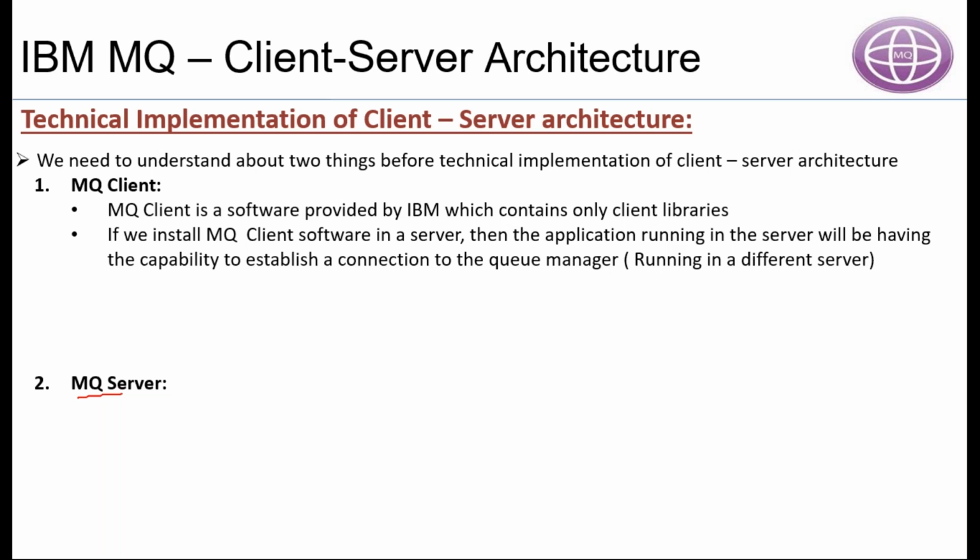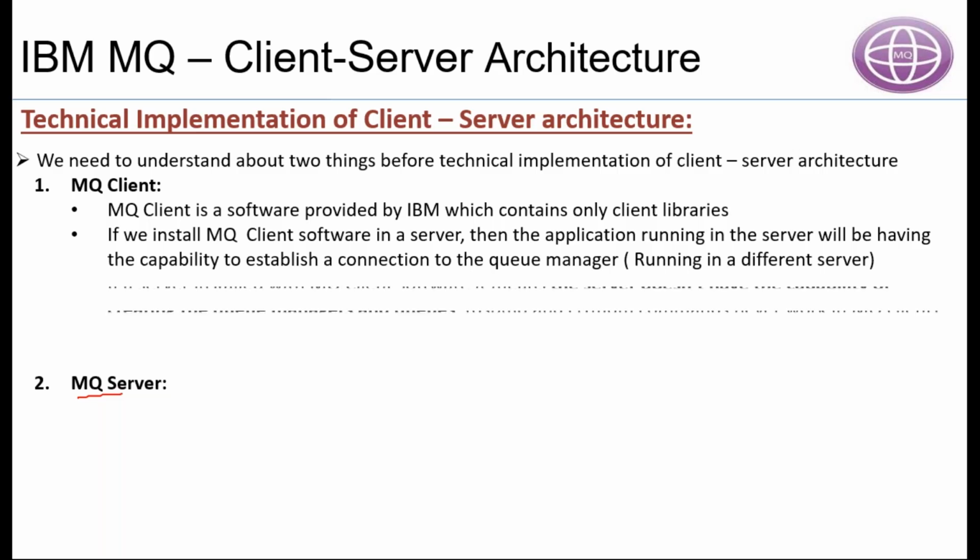If any application in your application server wants to connect to a queue manager running on a different machine, then that application server must have MQ client libraries installed. Then only that application will have the ability to store the connection parameters, and with the help of the connection parameters, it is going to establish the connection.